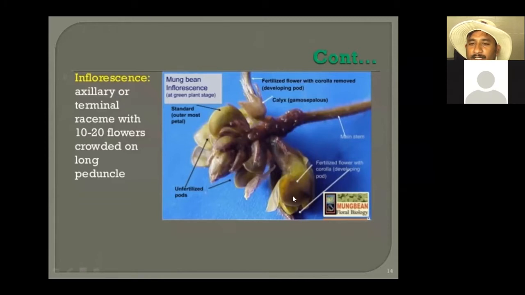Because when it opens, it's a cleistogamous flower, which means the fertilization will be over before the opening of the flower. So an open flower is basically a fertilized flower, and we won't use a fertilized flower for the crossing program. We use the fresh young one which is not opened. We open it with forceps, and then we remove the anthers.